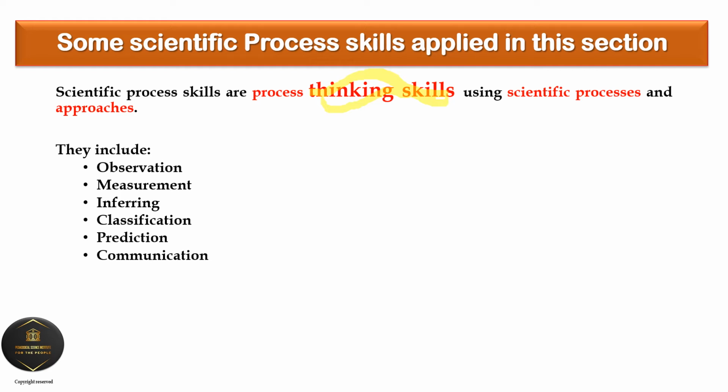So basically, the session today is designed to assist you to master how to think scientifically, especially when you are working with the different topics in climatology. And you must know that these scientific process skills are different.